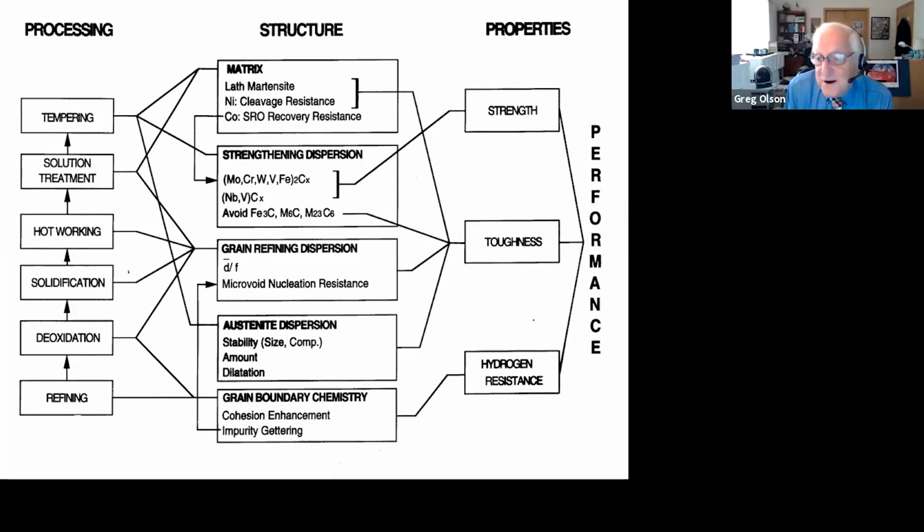So the left to right flow of this is the cause and effect logic, but the process of design works from right to left, where performance goals overall will be mapped to a quantitative set of properties such as strength, toughness for a high performance steel, and resistance to environmental hydrogen embrittlement.